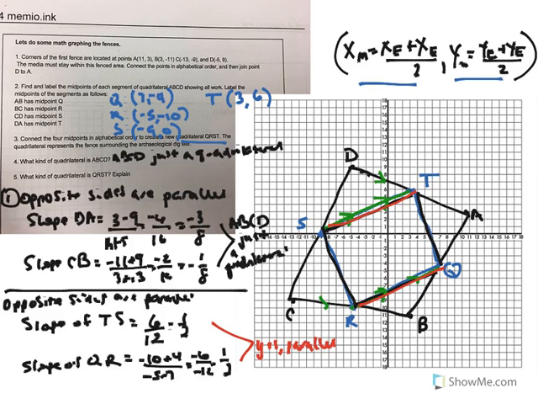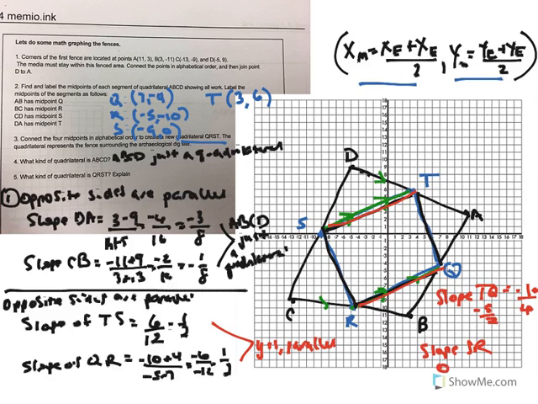And now I need to prove that the slope of TQ is parallel to the slope of SR. So the slope of TQ, I get -10 over 4, which gives me -5 over 2.